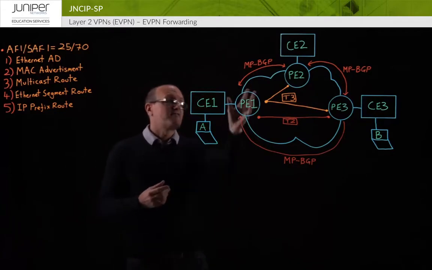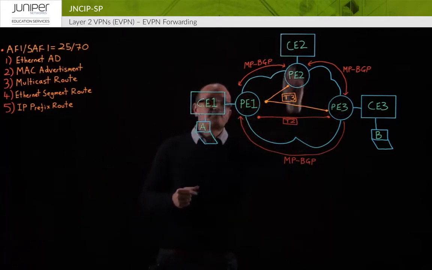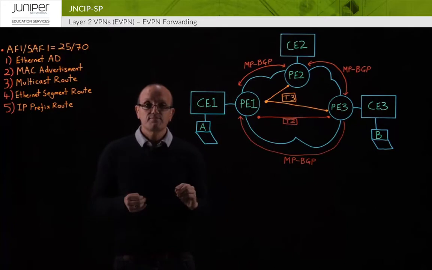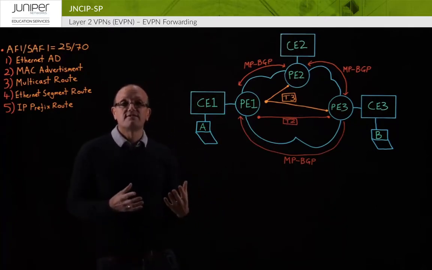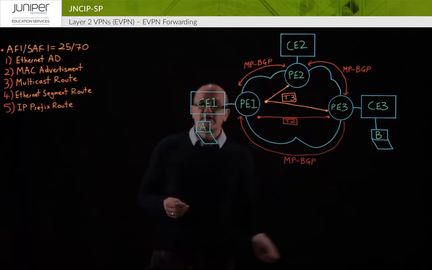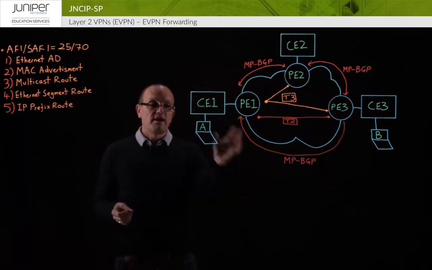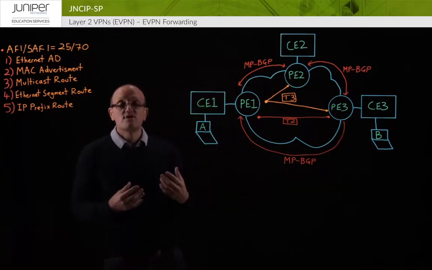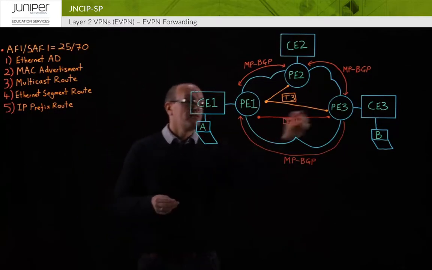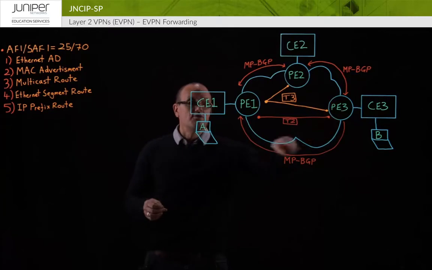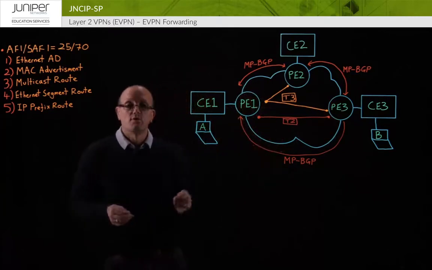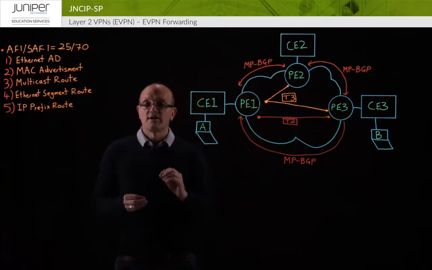And then, as soon as other pieces of the network receive traffic destined for MAC address A, they can send that unicast over effectively a virtual circuit to PE1 for onwards forwarding to host A.